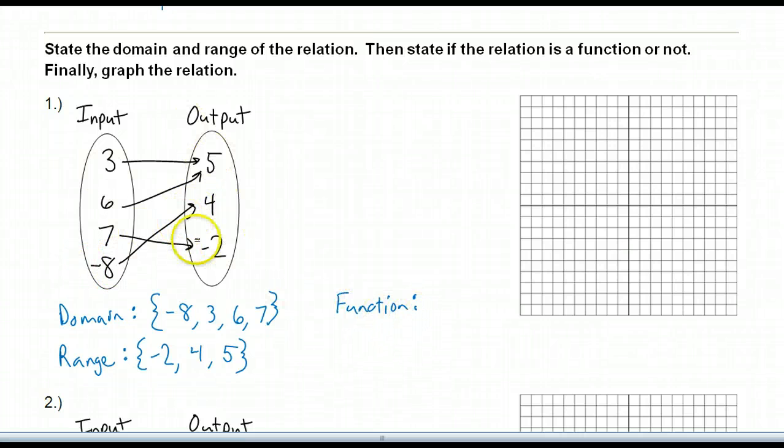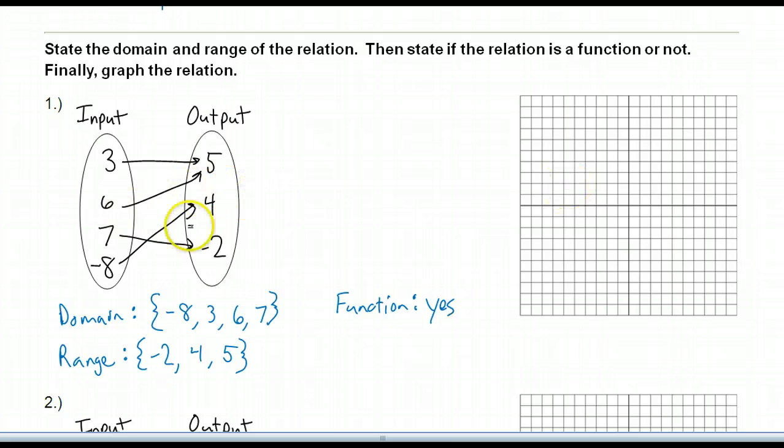For this relation to be a function, every input can only have one output. If we look, every input does only have one output. Be careful, just because this 5 has 2 inputs doesn't make this not a function. The thing we're looking for is all of these inputs have exactly one output. So yes, this is a function.